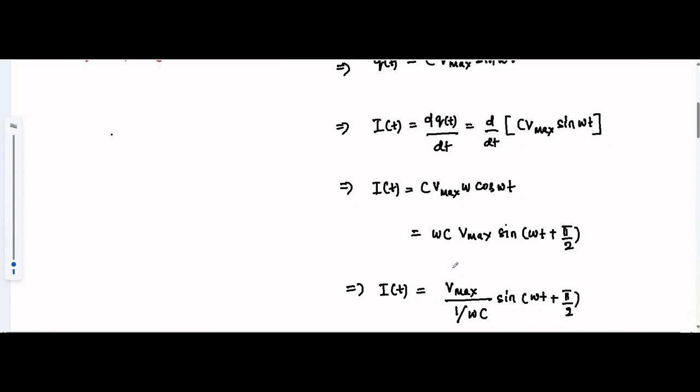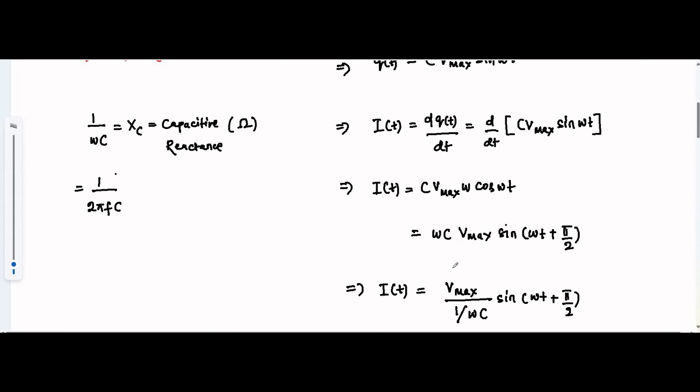So here this 1 by omega C is called capacitive reactance. Okay, 1 by omega C is called capacitive reactance, which is also equal to 1 by 2 pi fC. Same thing. So this is called capacitive reactance and its unit is ohms.